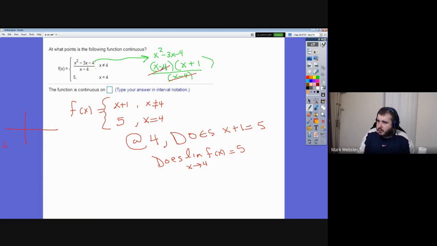Actually, here's how it does look, because it breaks down to x plus 1. So I'm going to draw this properly. But at 4, there's a hole.